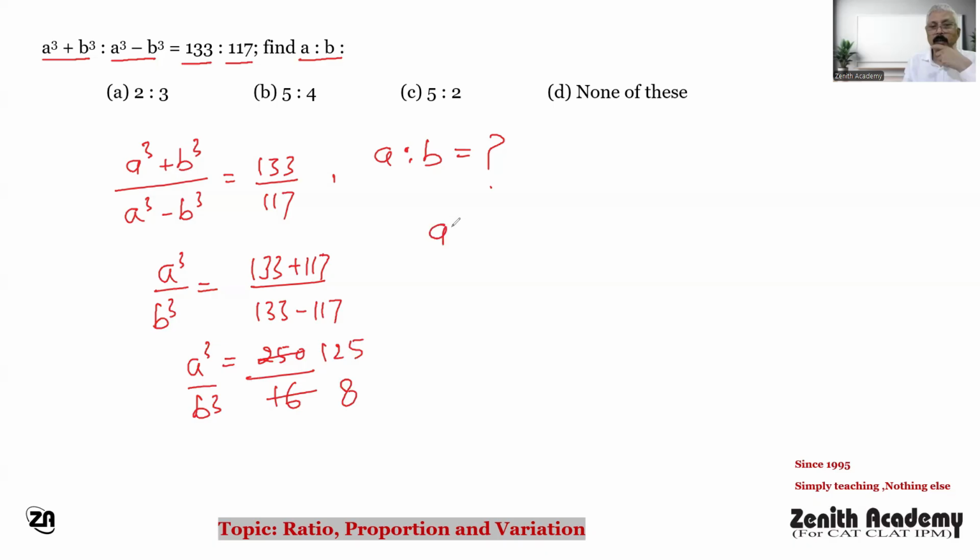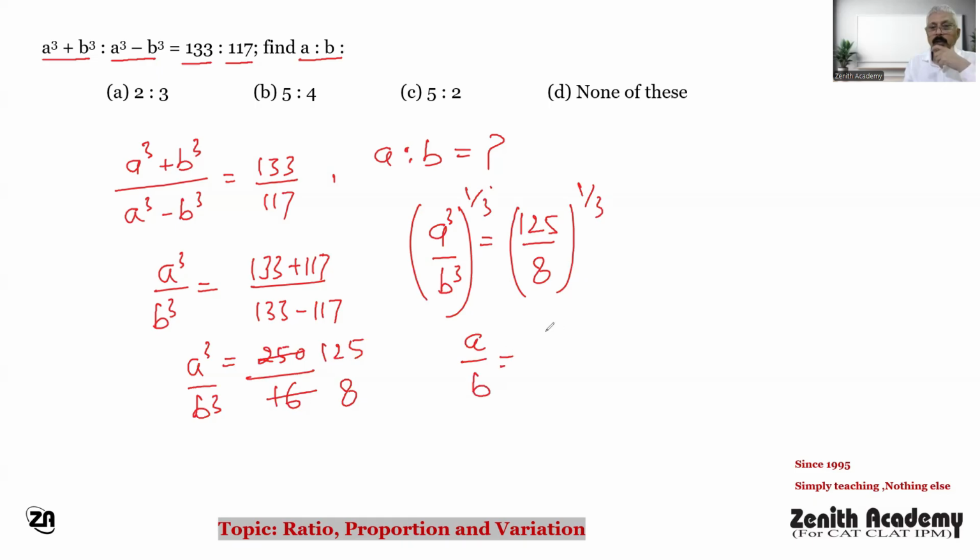So finally, a cube upon b cube is 125 by 8. So it means the cube root of this and cube root of this. This is a is to b. So here it is 5 is to 2. Answer is C.